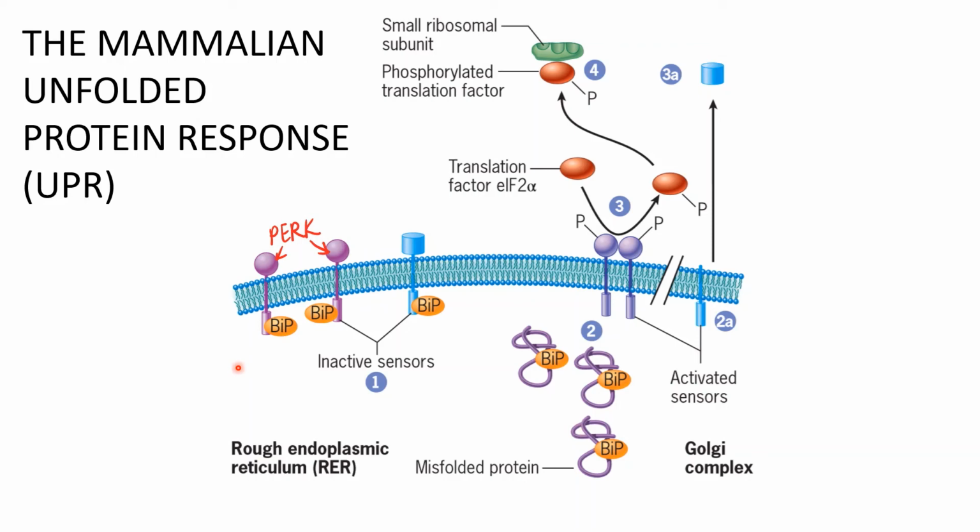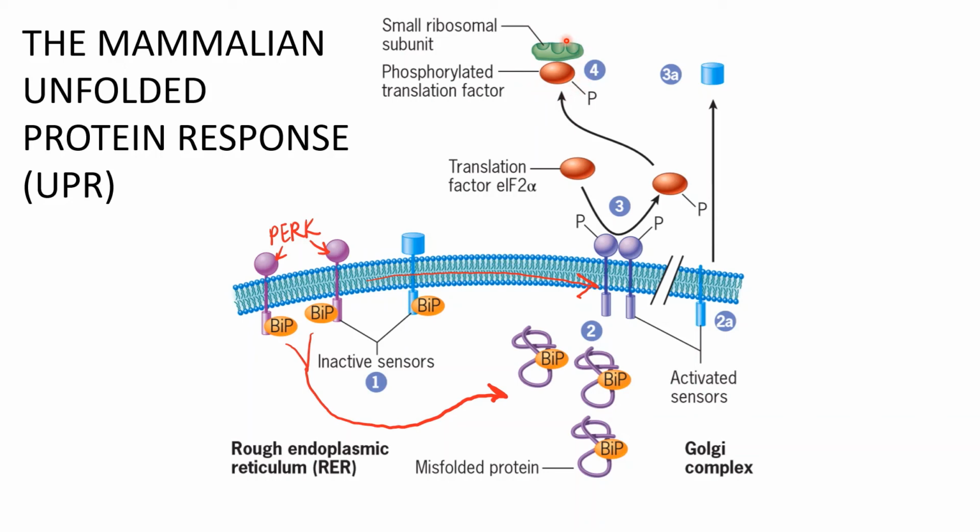Okay, so I hope that's understandable. So when the BiPs detect misfolded proteins, they leave the PERK. The PERK becomes activated. What happens when it becomes activated? It forms into a PERK dimer, which will then enable the activation of a translation factor called eIF2 alpha. Once eIF2 alpha is activated, it goes to the ribosome and it stops the ribosome from doing additional translation of proteins.